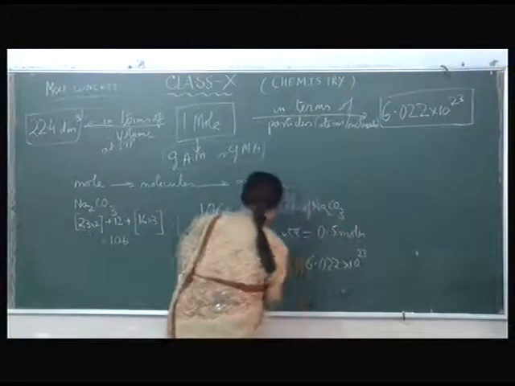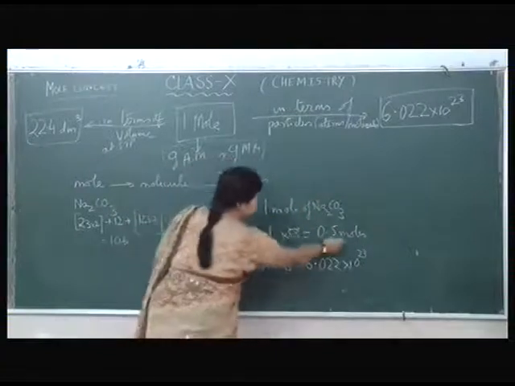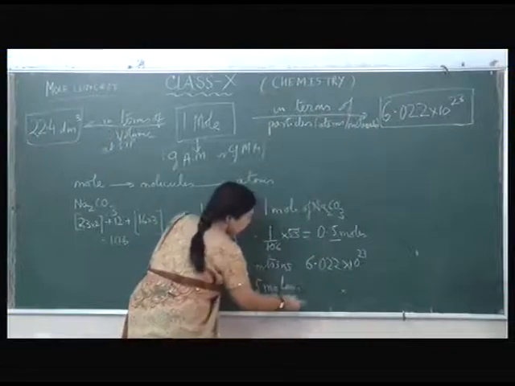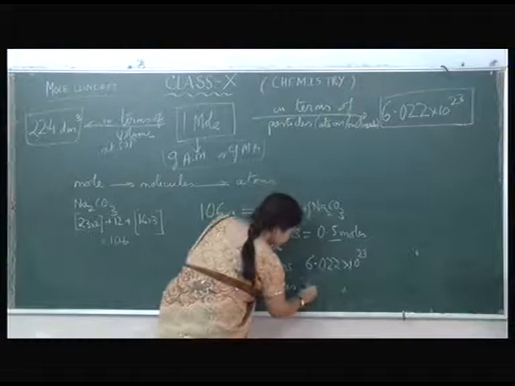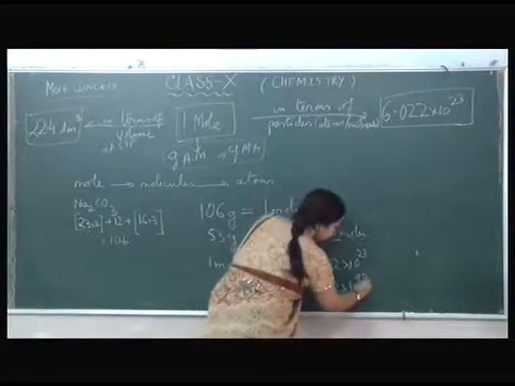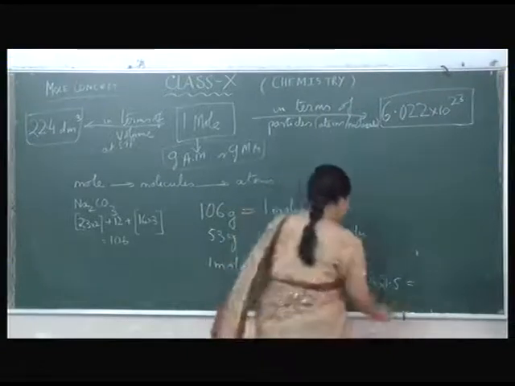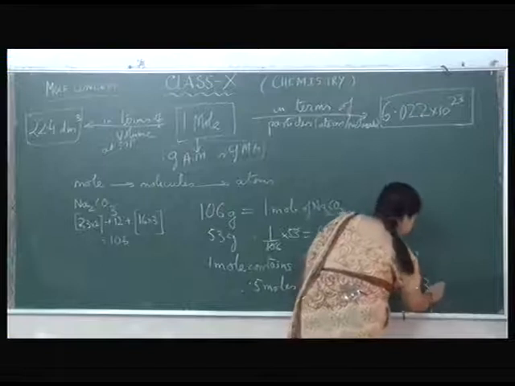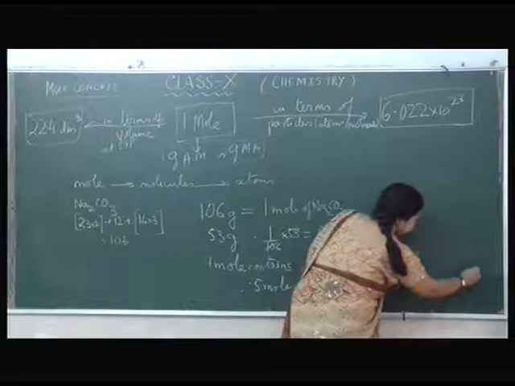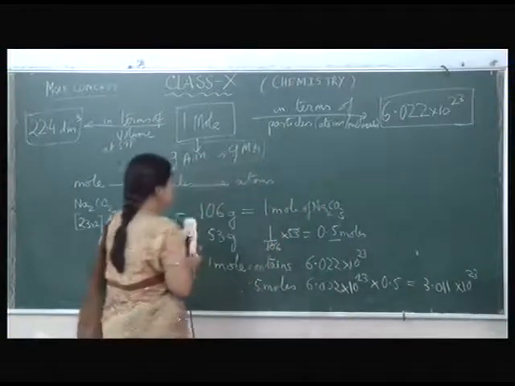Therefore, 0.5 moles means this into 0.5, that will come to 3.011 into 10 to the power 23 molecules.